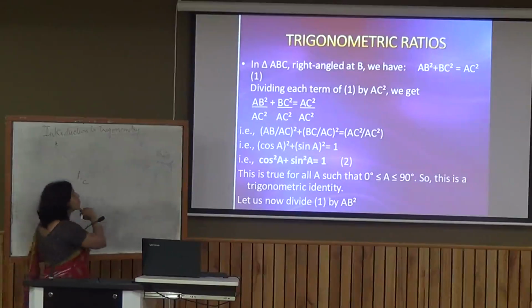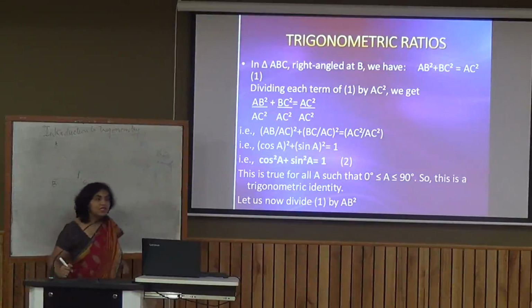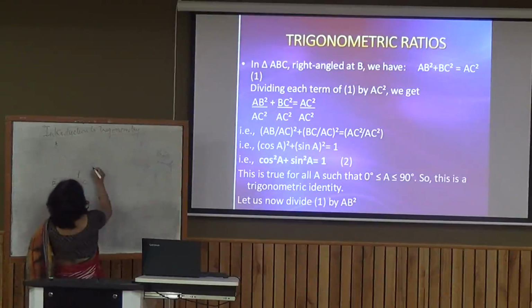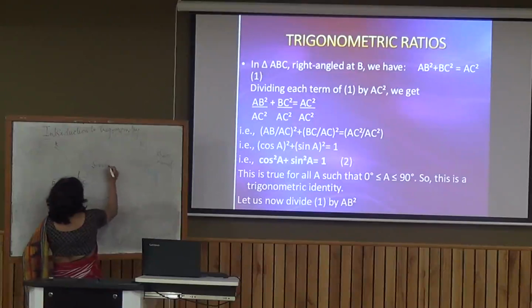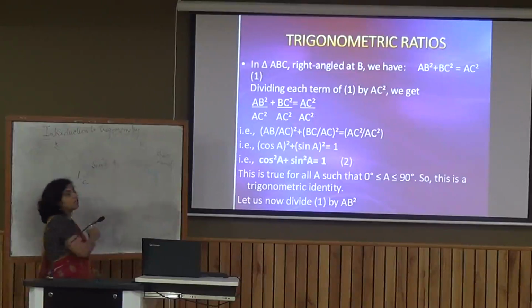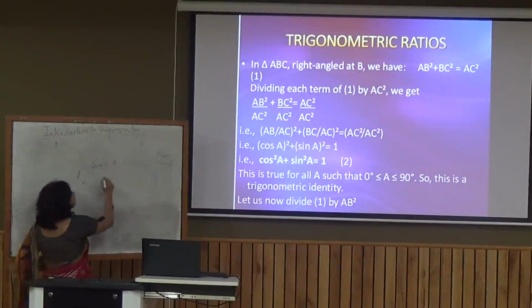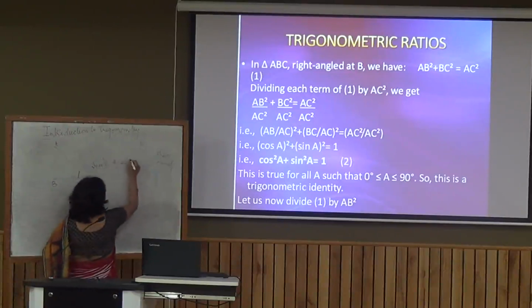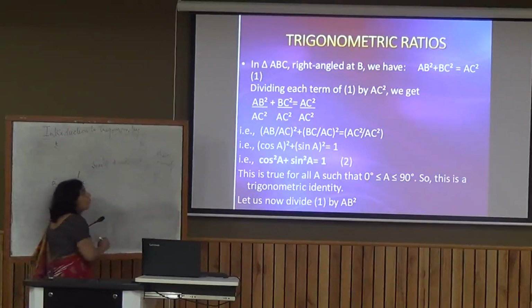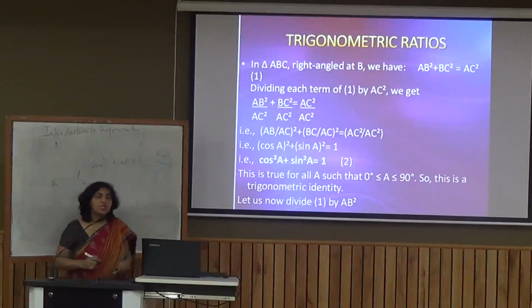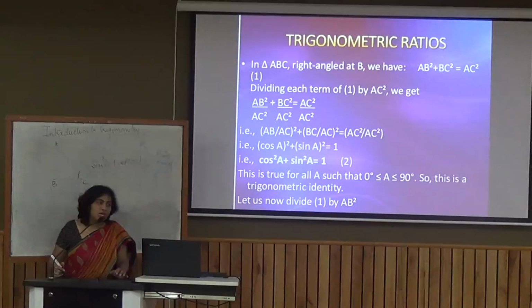For this angle, AB upon AC is sine and BC upon AC is cos, and this is equal to 1. Or in general, sine square A plus cos square A is 1. This is true for angles between 0 and 90 degrees.